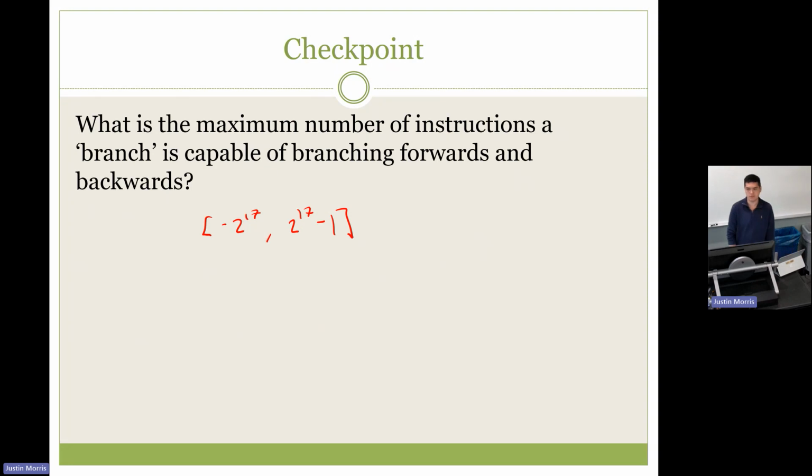But what happens to PC before we add this immediate? Yeah, it moves forward by 4, which is 1 instruction, right? So for backwards, I can't go as far. For backwards, it's 2 to the 17 minus 1 instructions.